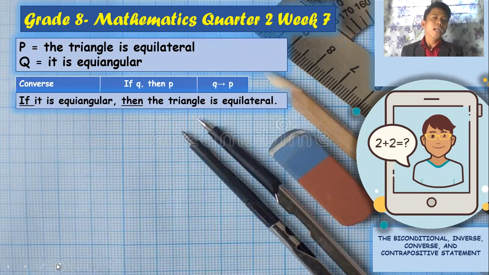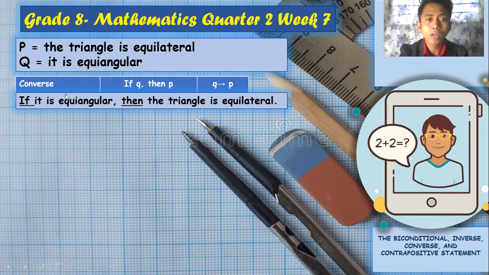So converse, a while ago, we identified what is our P statement and what is our Q statement. Our P is the triangle is equilateral and our Q statement is equiangular. So by using the converse pattern, what is the condition? If Q, then P. And here we have Q implies P. So in this converse pattern, we have the word if, followed by Q. What is our Q?